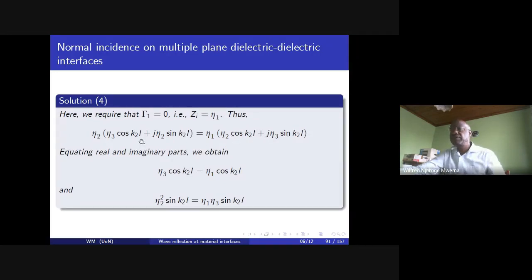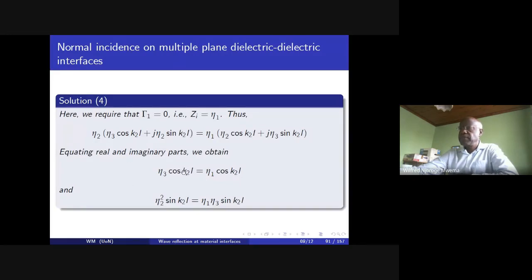And the only thing we need to do now is to equate the real parts together and the imaginary parts together, because two complex quantities are equal if and only if their real parts are equal and their imaginary parts are equal as well.